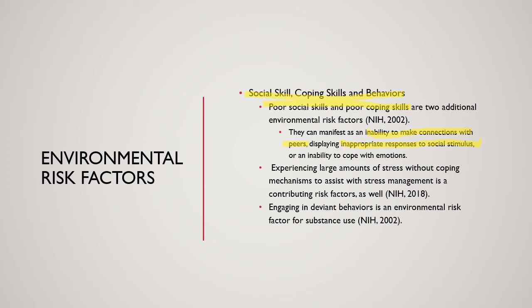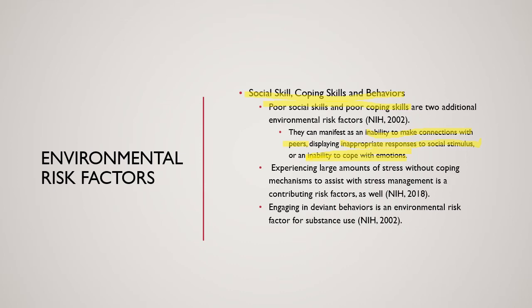And then another example is inability to cope with emotions. So not being able to cope with sadness or anger, acting out because of these emotions, that's another example of these risk factors.